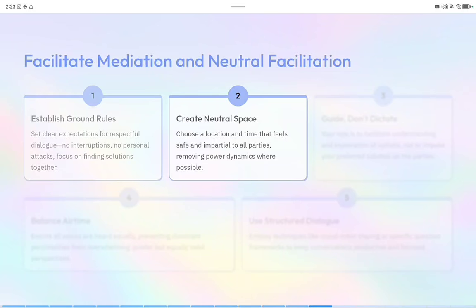So do create a neutral space. Make sure that you take consent from people on both the location and time, and it is an extremely safe, neutral space that you create. Make sure you remove any power dynamics wherever it is possible.